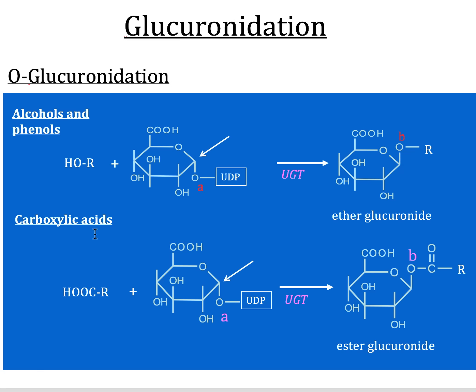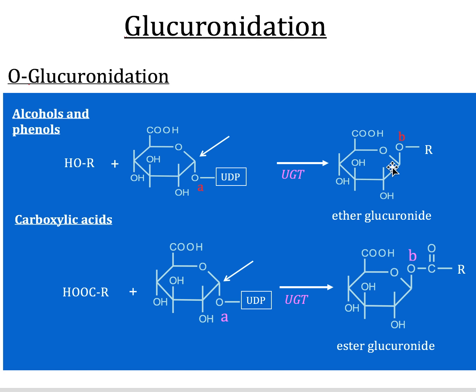Now another form is carboxylic acid, which is here, and again this is the UDP glucuronic acid. There's the carboxylic acid. So what happens now is you lose an H, and you lose the UDP, and it binds to here to form ester glucuronide. But notice the difference.